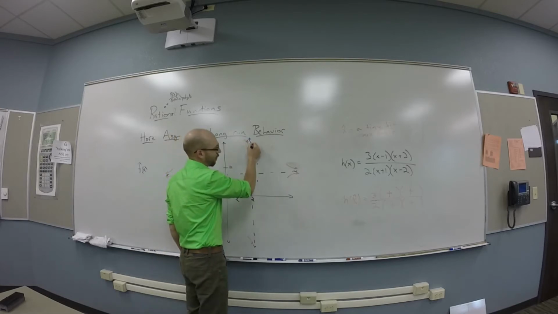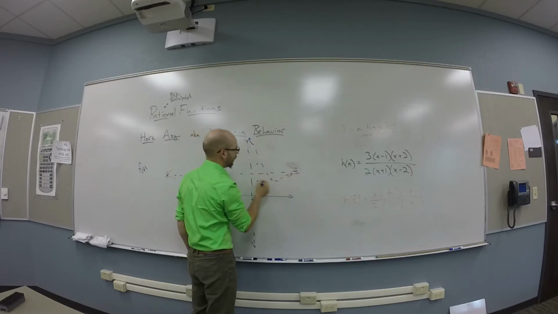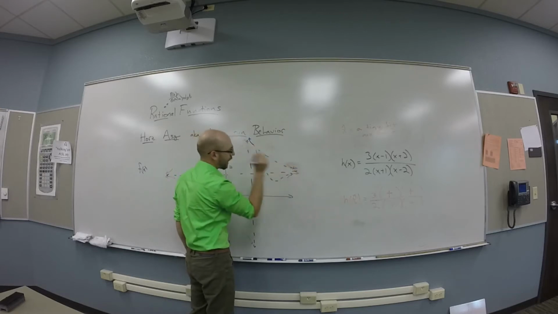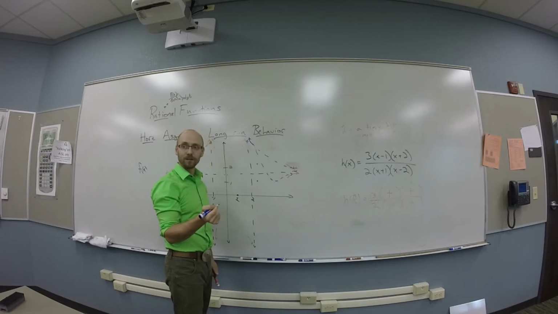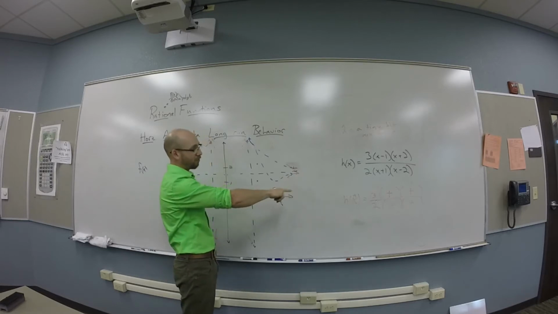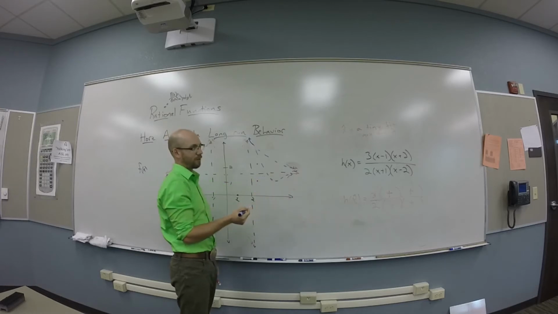I'm not totally sure whether it could do this or whether it's doing that. That's actually really, really hard to figure out with the tools we have. I'm probably not going to get a good grasp on that, except by picking a really, really big number and trying to figure out if it's bigger than 3/2 or smaller.